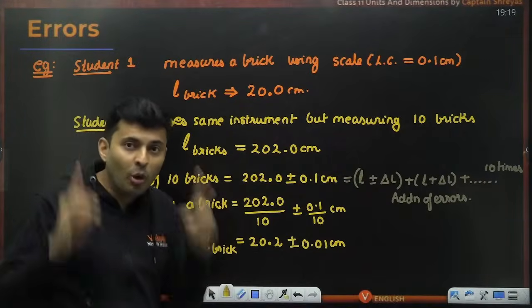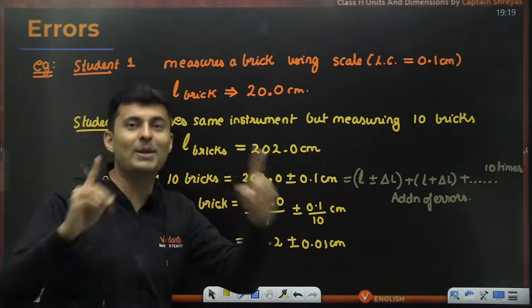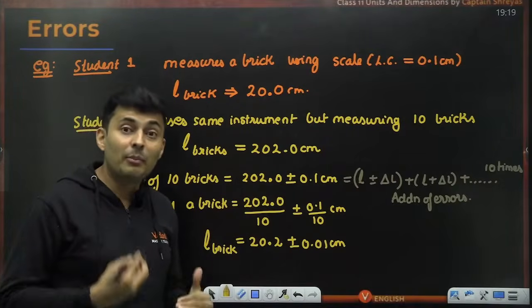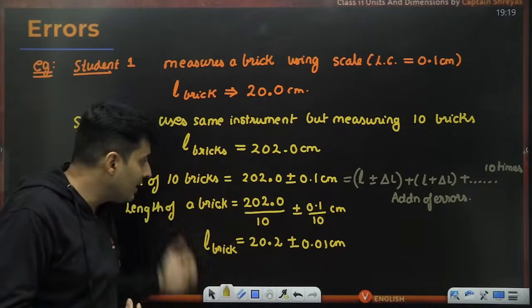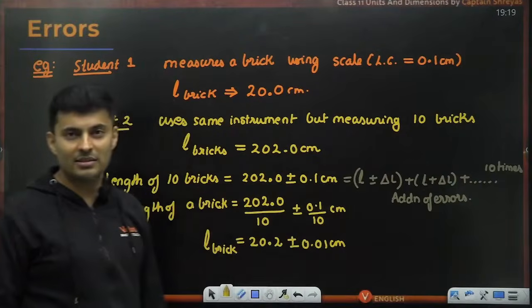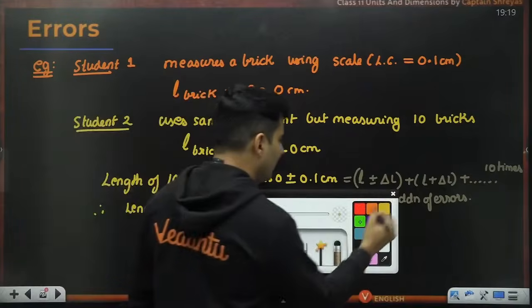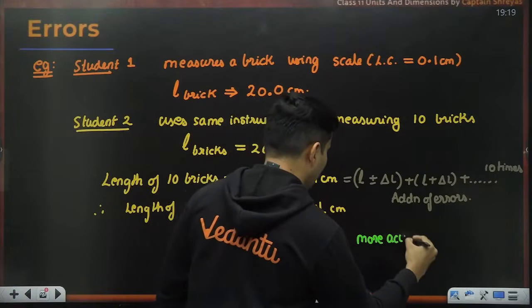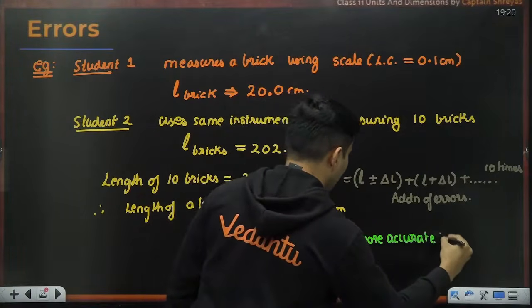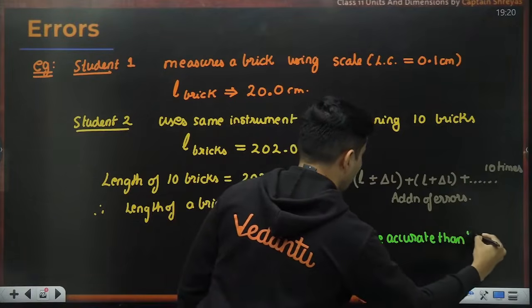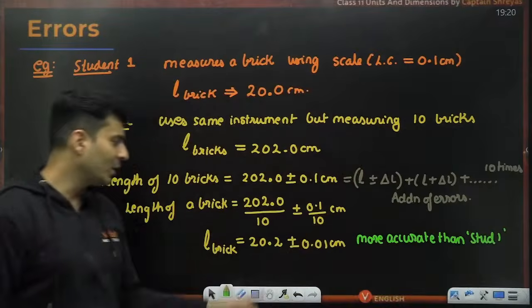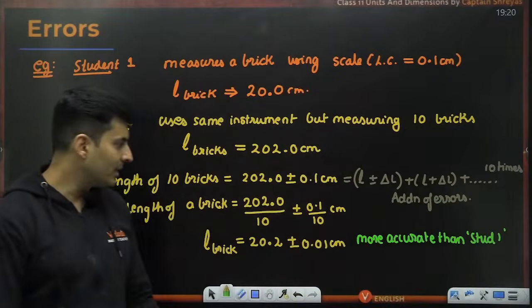Even though both students use the same setup, same measurement device, the method of averages suddenly helps us improve the accuracy. So this reading is 100% more accurate than that of student number 1 because of the second decimal place.